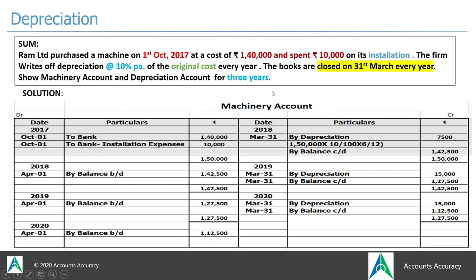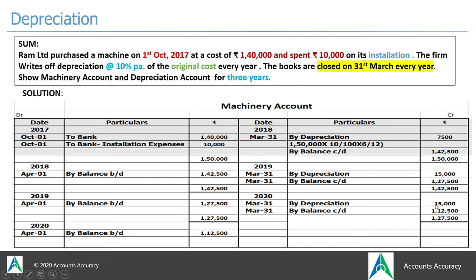As it's been written that we have to provide the depreciation for 3 years. So now again from April 1st to March 31st 2020 the machine will be used for the whole year. So depreciation will again be provided for the whole year. So that's why on the original value of the machine again we will provide the depreciation of 10%. So that will be 1,50,000 into 10 by 100, it will be again 15,000.